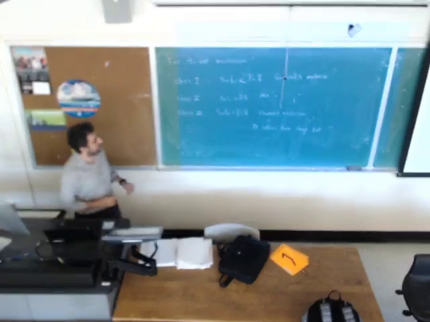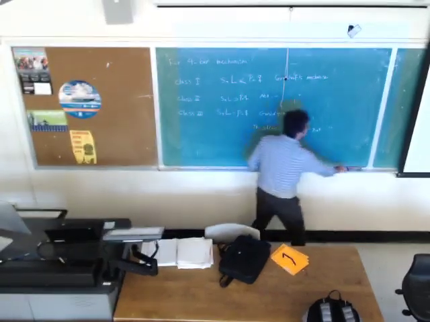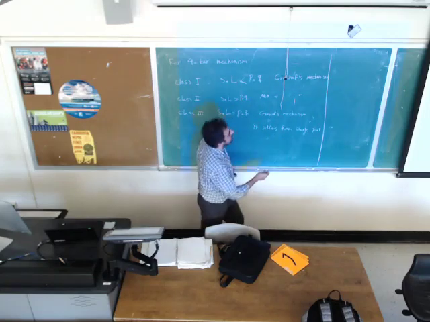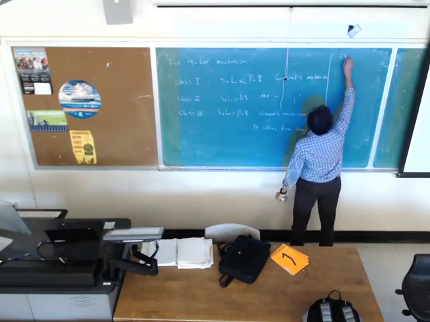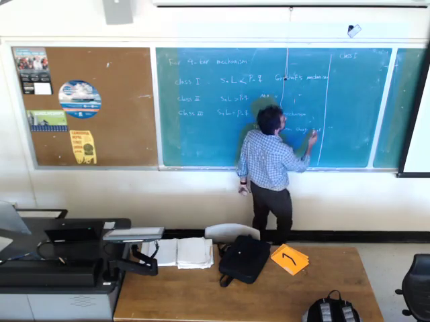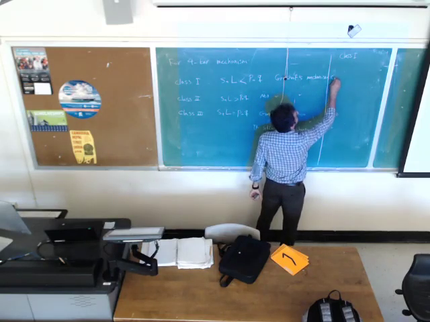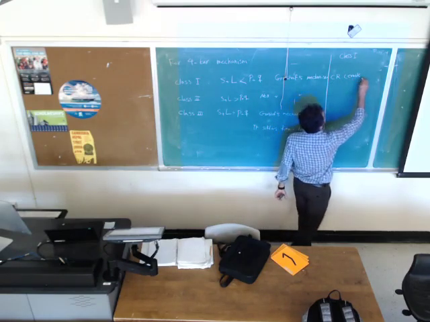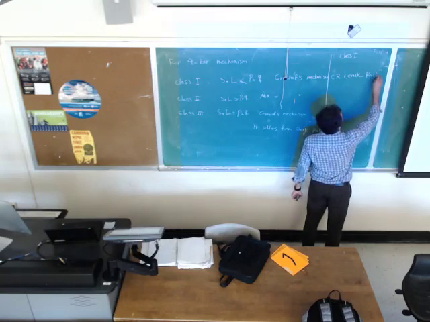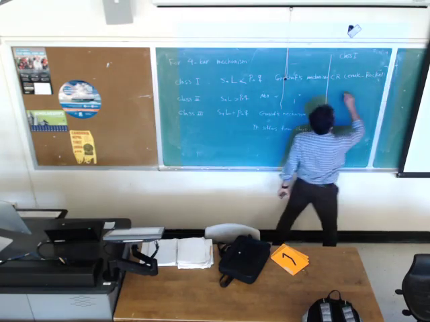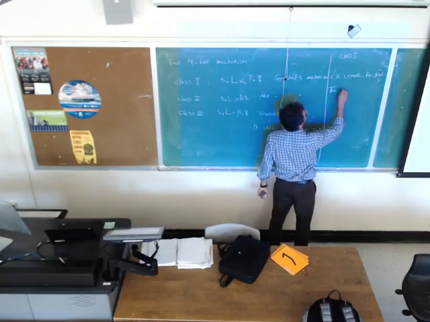So these are what we covered. For class 1, we have crank rocker. It's happening when the shortest link is adjacent to the ground.